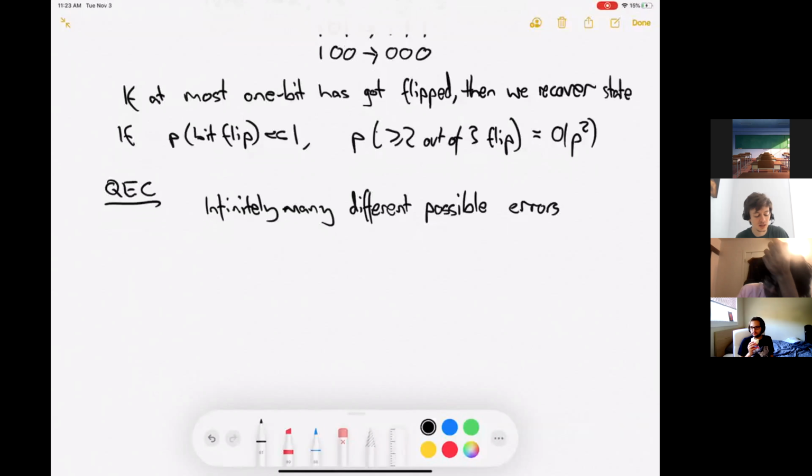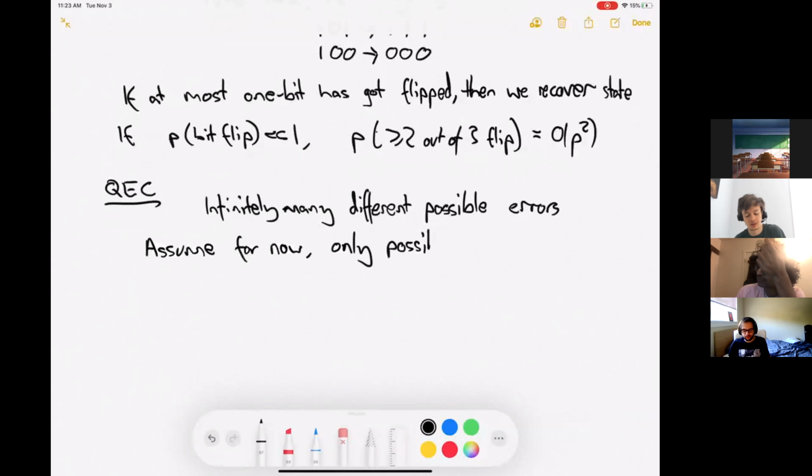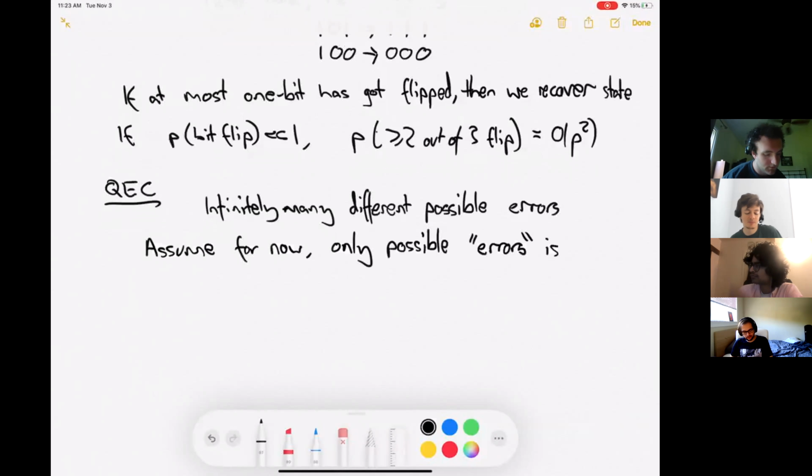But instead, we're going to assume, just for the moment, that the only possible errors, put errors in quotation marks, the only possible errors are bit flip errors, just like the classical error correction problem, right?